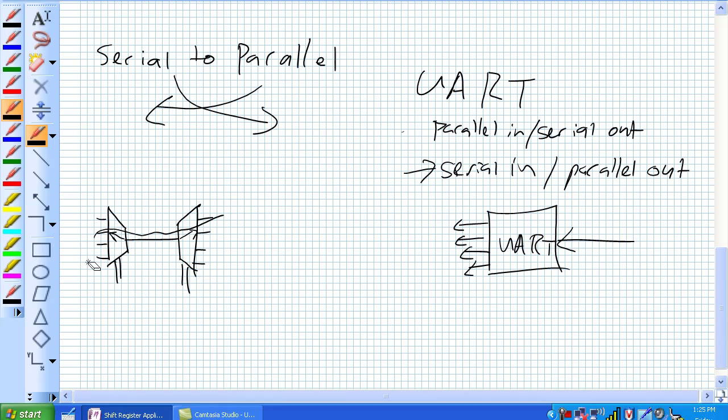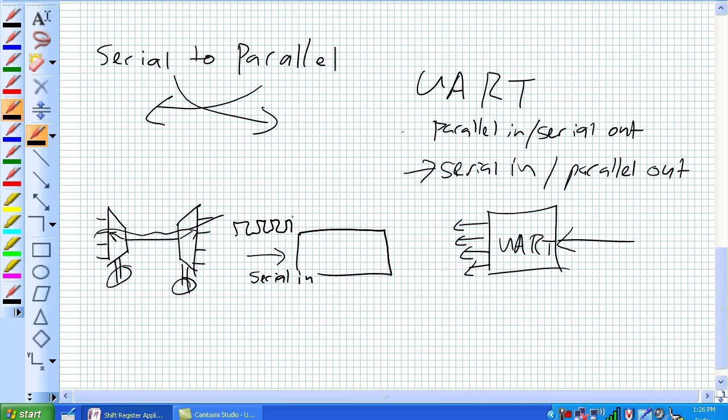So what serial to parallel and parallel to serial conversion does, it's kind of like multiplexing and demultiplexing in the fact that you're taking a parallel and going to a serial, or taking a serial and going to a parallel. But whereas multiplexing and demultiplexing was a single mailman delivering to a single address a part of the data selects, what that mailman is now doing is letting all the letters stock up in a shift register. Basically, let's do serial in. And here's all the letters that are coming in.